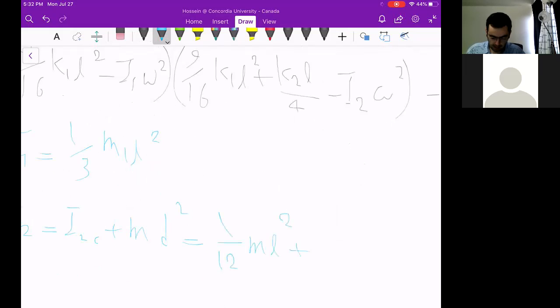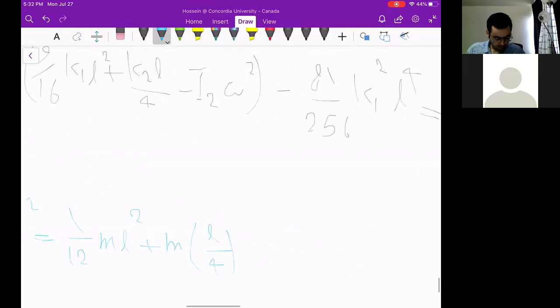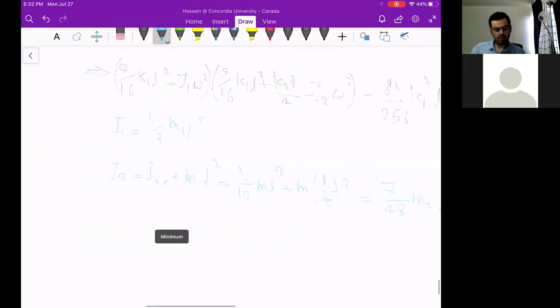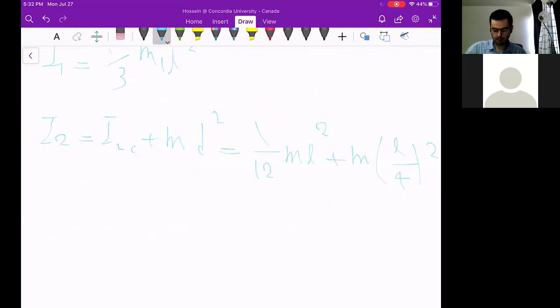However, this time d is not L/2, it is rather L/4 squared. Therefore, the I2 would be 7/48 m L squared.